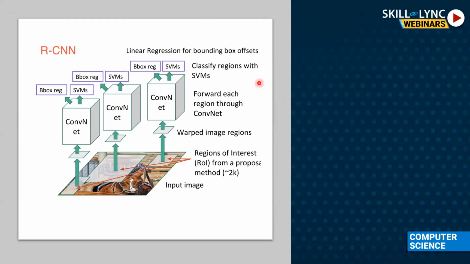And we have SVMs to classify the output of convolution networks. The advantage of using this is that it is less computationally expensive than a CNN, because it is not applied on the whole image, rather on some regions only.